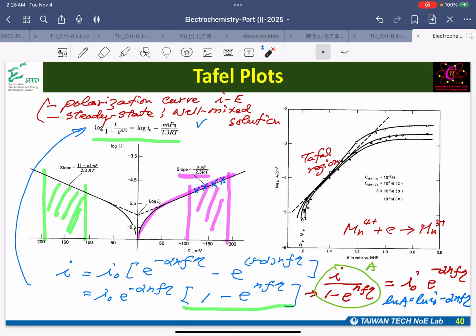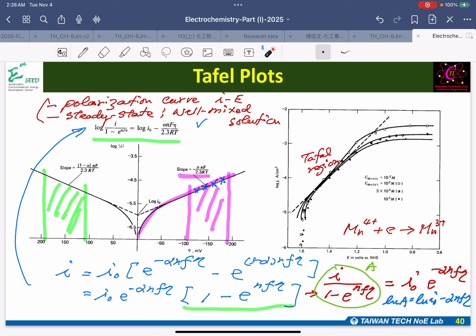Of course, you can use the general equation if you need to deal with the mass transfer case, then you need a general kinetic equation that we mentioned in the last lecture. But today we just want to extend this idea to different applications.